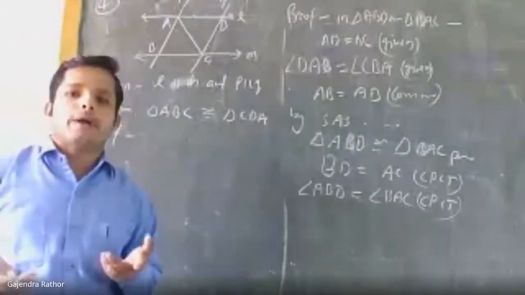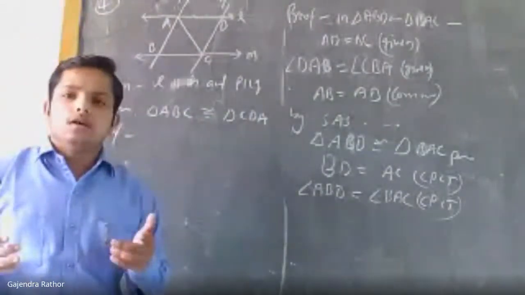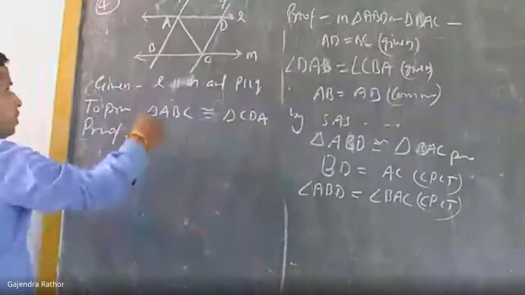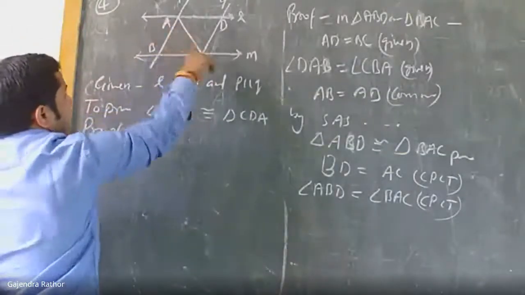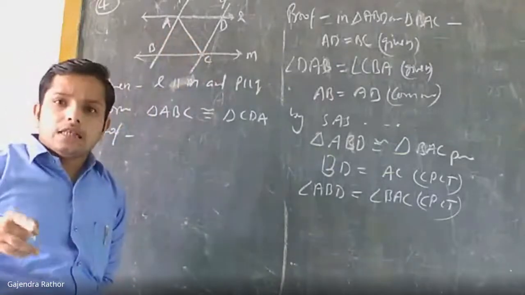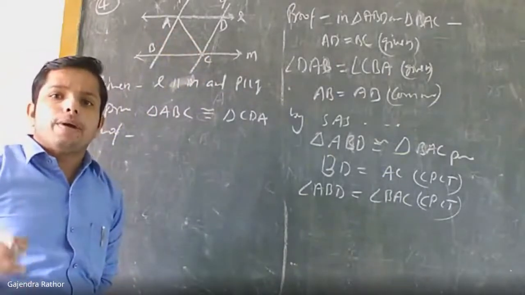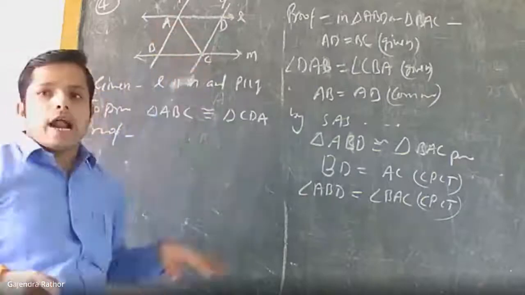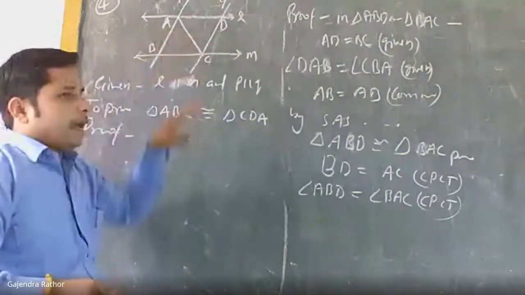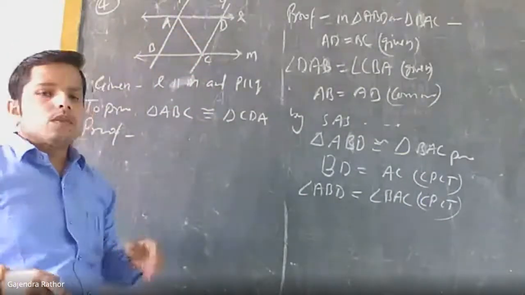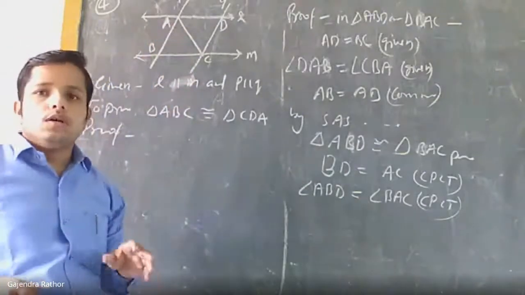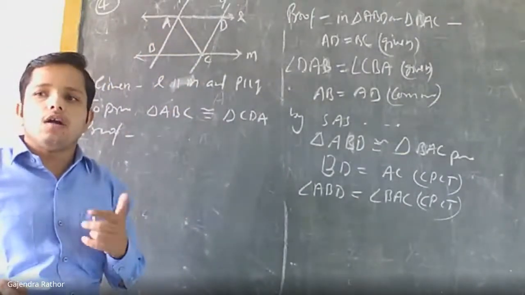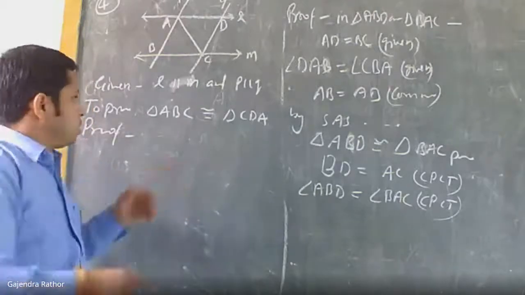So let us recall the properties of parallel lines and transversal. Now, the line AC is the transversal of both pairs of parallel lines. This is the common transversal for both pairs.